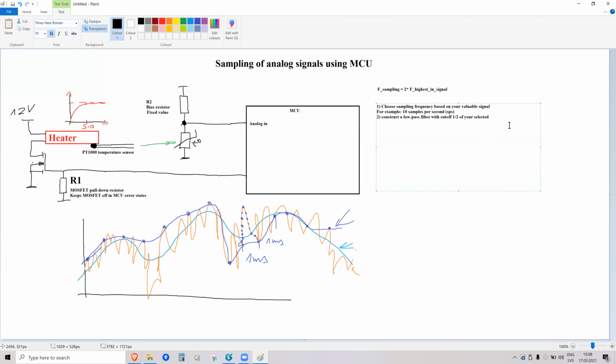So construct a low pass filter with cutoff frequency 1/2 of your selected sampling frequency.